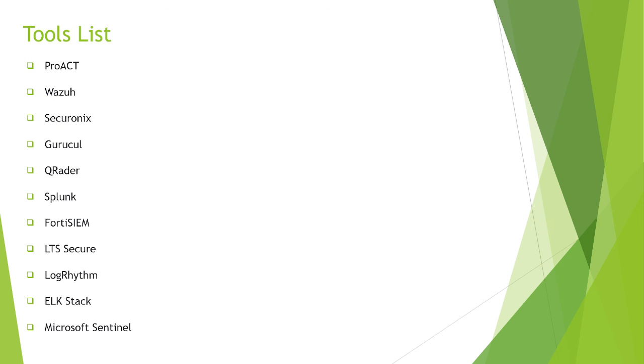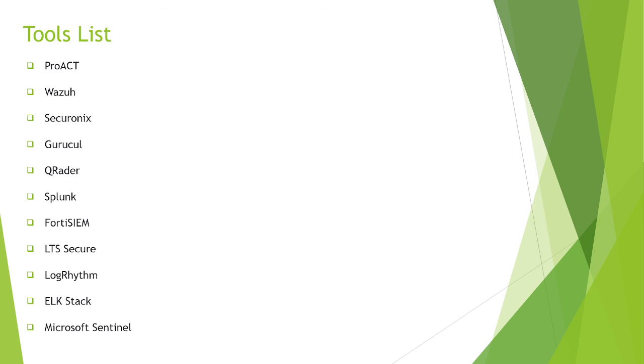And the tool list. Again, there are a number of tools available in the market, but for understanding purposes I'm going to list a few tools, so you can verify and compare those tool features, and if you are happy with any specific tool, you can interact with the respective people. So ProAct, which is provided by CISA, and Wazuh is an open source tool.